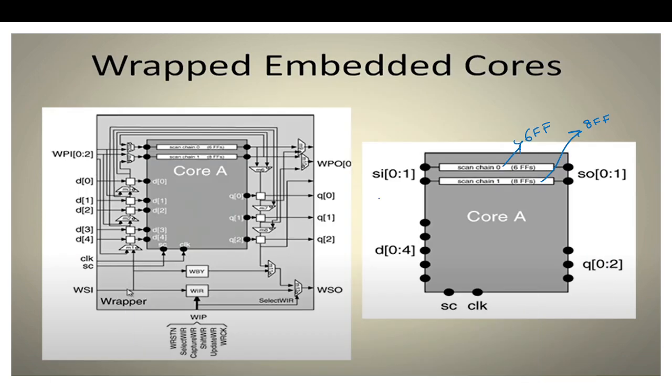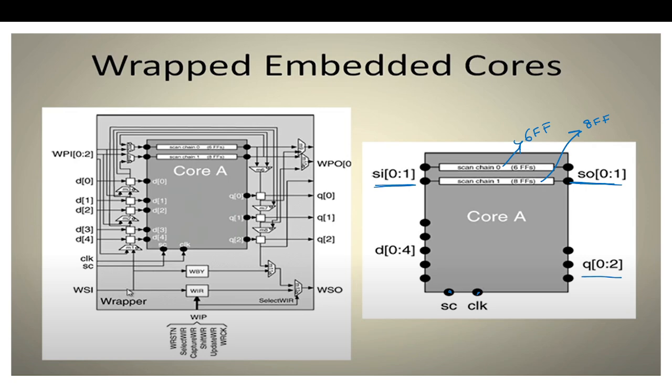And these two scan chains have two scan inputs, SI of 0, SI of 1, and two scan outputs, SO of 0, SO of 1. And these are the normal functional inputs, D0 to 4, total 5, and two functional outputs, Q0 to 2. And this is the SC clock signal.